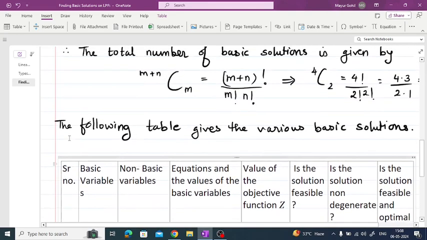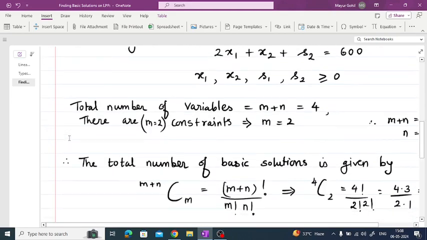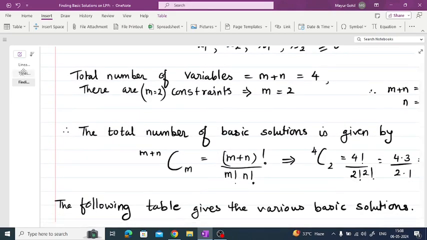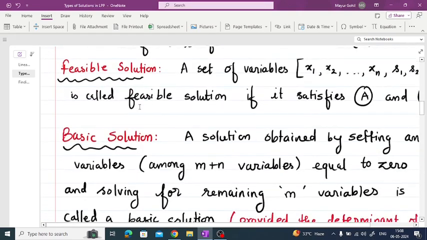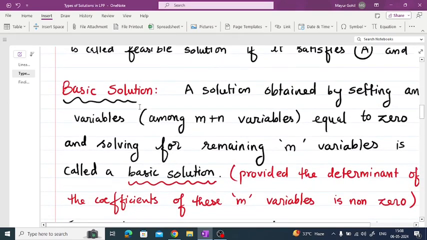As per the definition in the previous video, a basic solution is obtained by setting any n variables equal to 0.